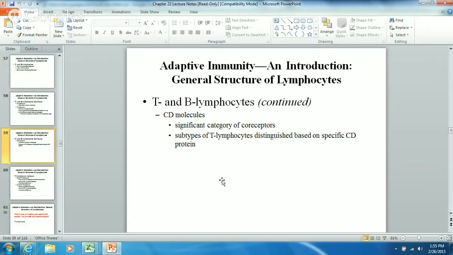And when they have this communication with the helper T cell, that's when good information can be passed along. But the only way that they can know that this is not an antigen presenting cell that I'm supposed to destroy, and that this is actually an antigen presenting cell that I'm supposed to actually talk to, is with these coreceptors.